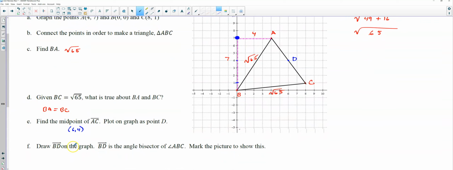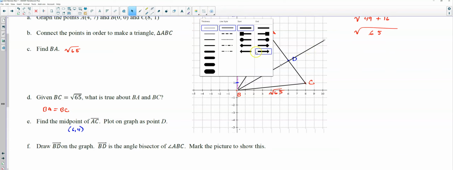Okay, draw ray BD on the graph. So I'm going to draw ray BD. So let's look at this. Ray would be this one, and it would be that way right there. Okay, let's make that thinner so it looks better.